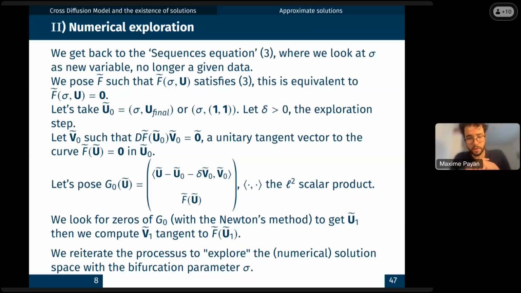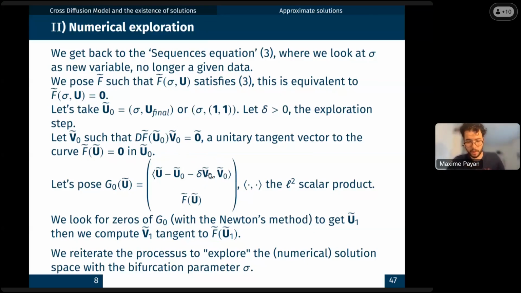And we look for a zero of g0. If we have a zero of g0, it means on the last rows that u tilde is a zero of f tilde, so it means it's on the curve. And on the first row, this is just a real number, it means that u tilde belongs to the hyperplane directed by v0 tilde and centered in u0 plus delta v0 tilde.